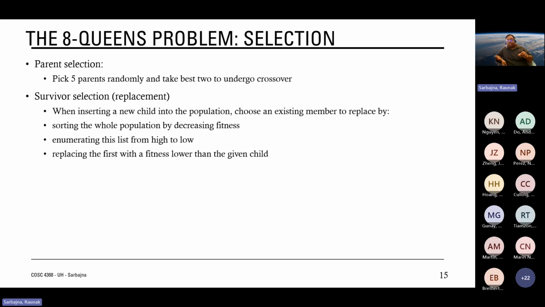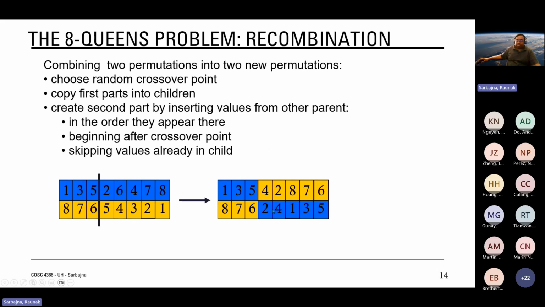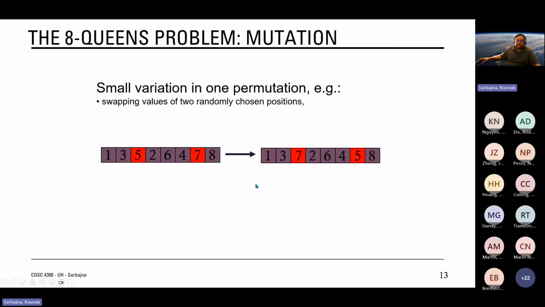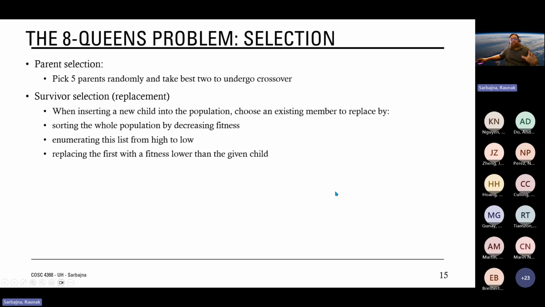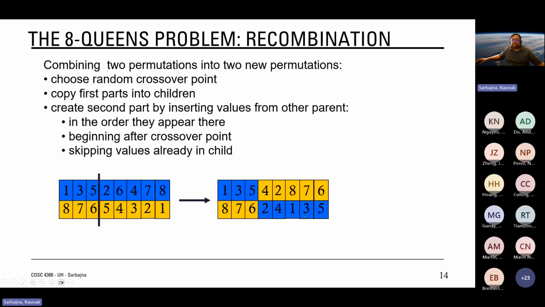Then you check the fitness of the newly created solutions, all the mutated ones, the crossover ones, the recombinations. You check the fitness of all the solutions in your list. And the first solution that you hit in your original population which has a fitness worse than these new solutions, you replace with these solutions.